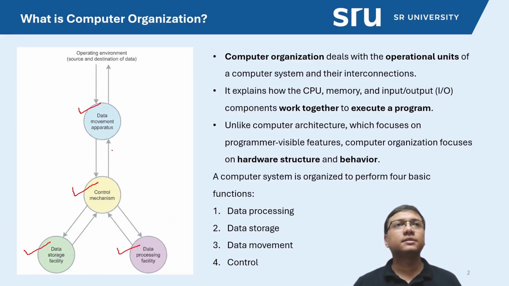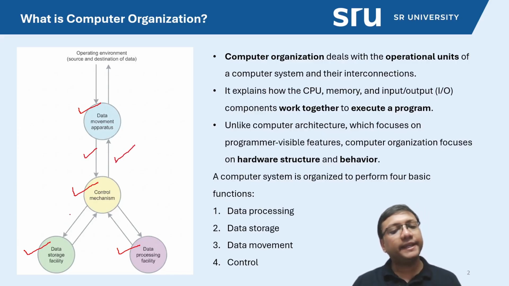So the data movement apparatus can give data to the control mechanism block, and the control mechanism block can give data back to the data movement apparatus.